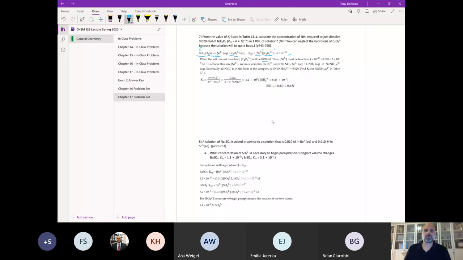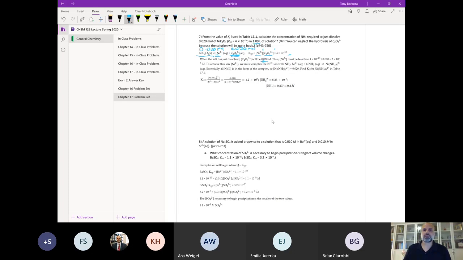So if you're starting with 0.020 moles here, once it's completely dissolved you're going to end up with the exact same 0.020 moles of the anion in solution, because this is a 1-to-1 ratio. So you need to recognize that you end up with that 0.020.